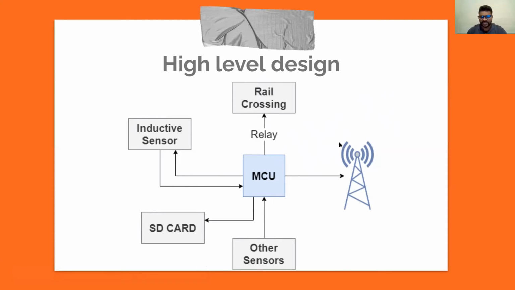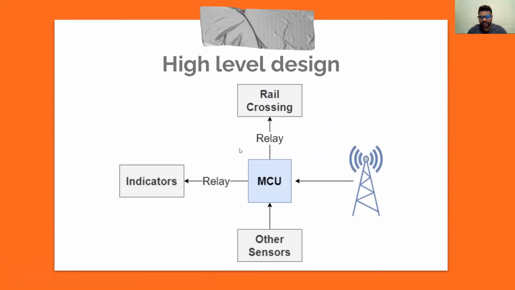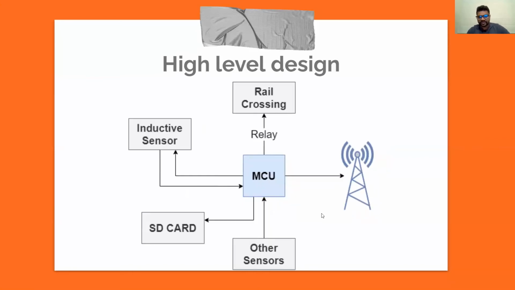This same system, with the rail crossing, can also be directly connected, or it can be something that doesn't connect directly. For example, without the rail crossing, this part would be just the sensor.